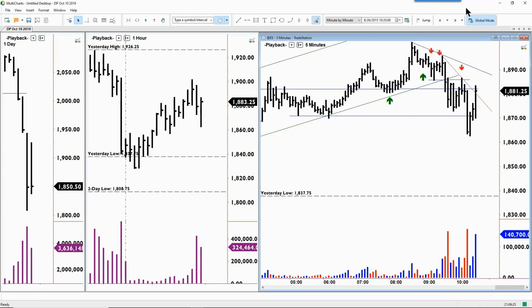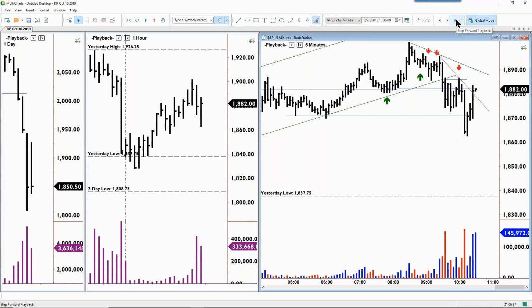What do you think of that bar? Now, by the way, it's 10:30 in the morning here. Yeah, minor climax. You can sell it in here. So you'd be selling as this is coming down.